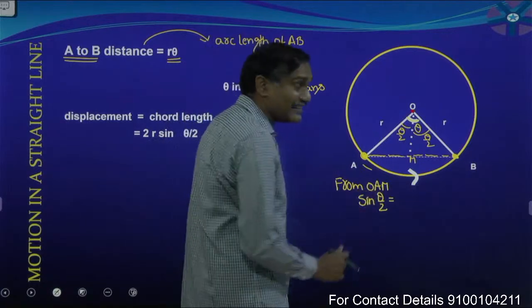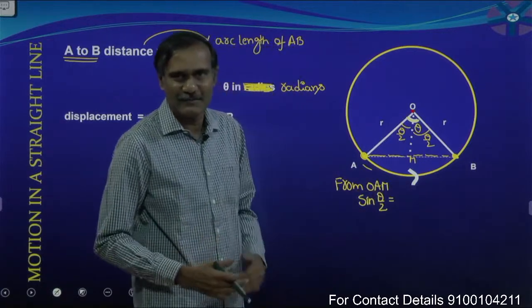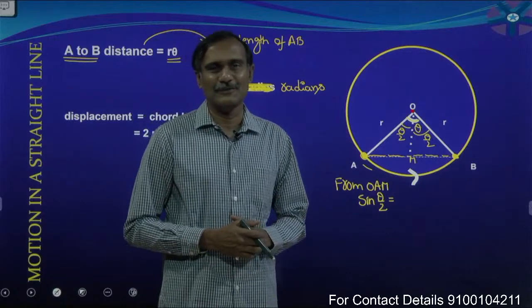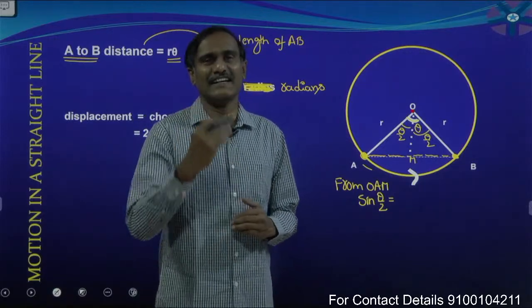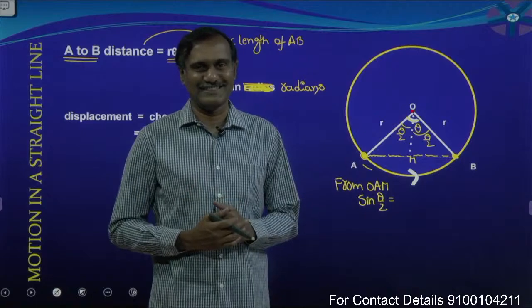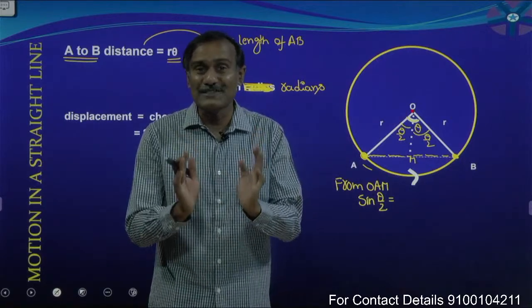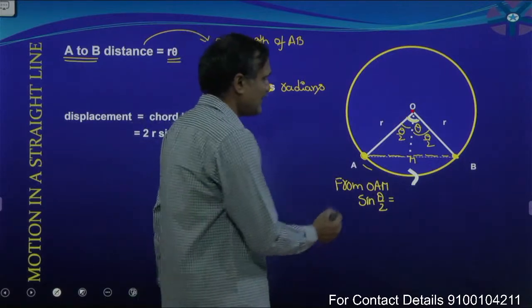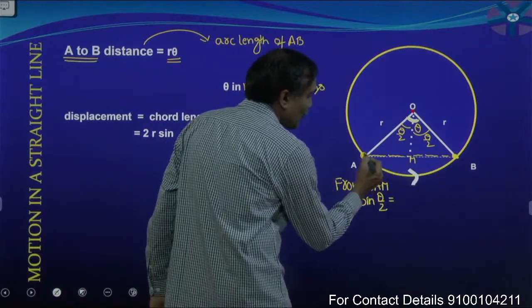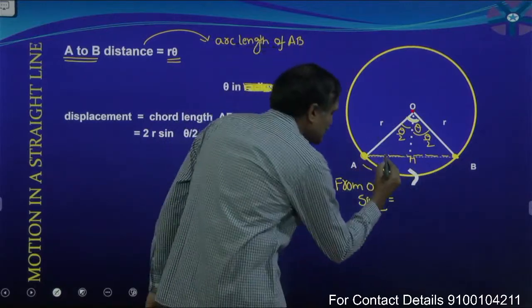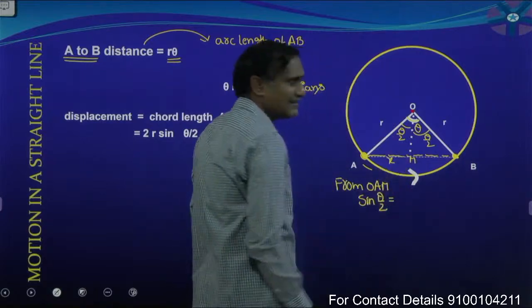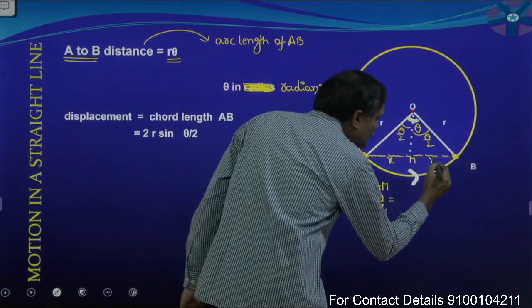Sorry, is sine theta adjacent side by hypotenuse? No. It is opposite side divided by hypotenuse. What is the opposite side here? OM. Let us assume OM is equal to x. Therefore, MB is also equal to x.